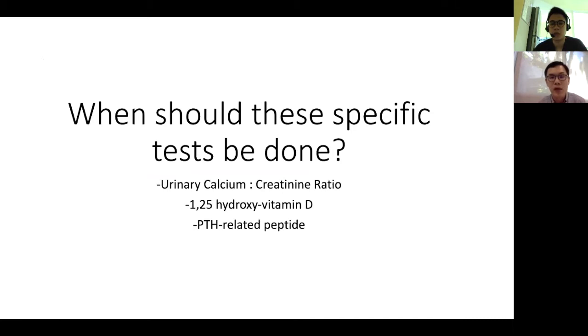But even though we know the PTH-RP or the 125 hydroxyvitamin D, we still need to figure out what's the reason for the elevated PTH-related peptide, which in most cases is malignancy associated, or the 125 hydroxyvitamin D, whether it's a granulomatous disease and what is the nature of that granulomatous disease, or is it a malignancy-driven increase in production of the 125D?